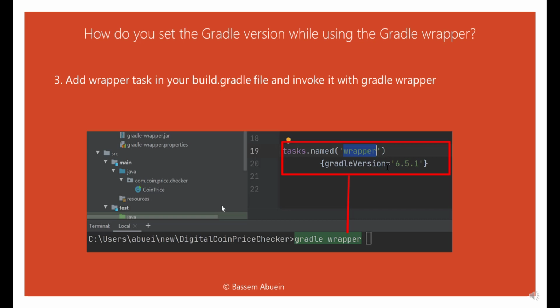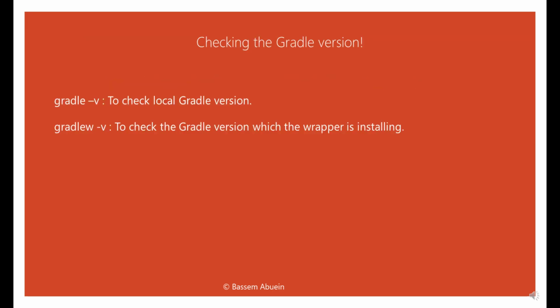And the third way is to add the wrapper task in your build.gradle file and invoke it with the Gradle wrapper task from the terminal. Also, in this lesson, we have used a couple of commands to check the Gradle version. The first one, gradle -v, is used to check the local Gradle version that was installed on your machine, and gradlew -v is used to check the Gradle version which the wrapper is installing for us.